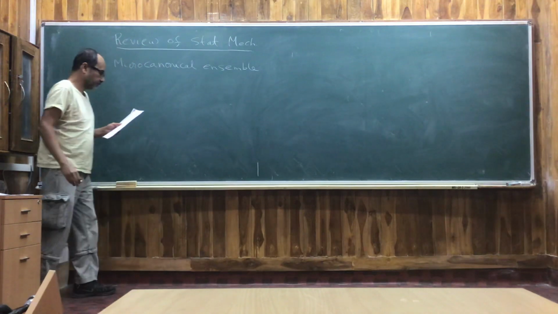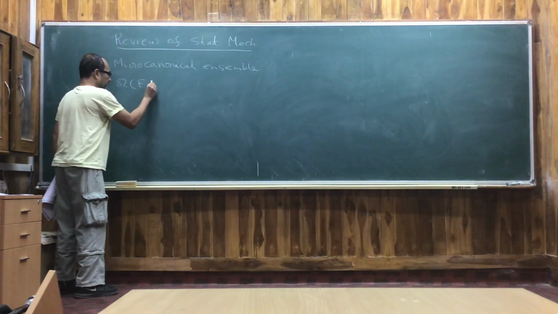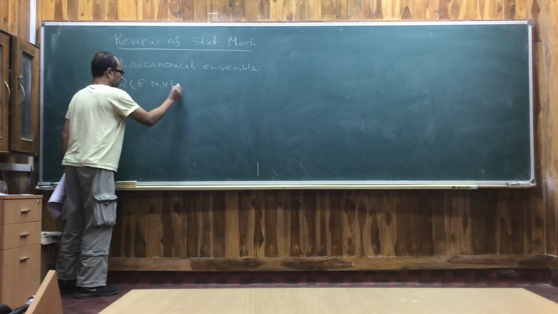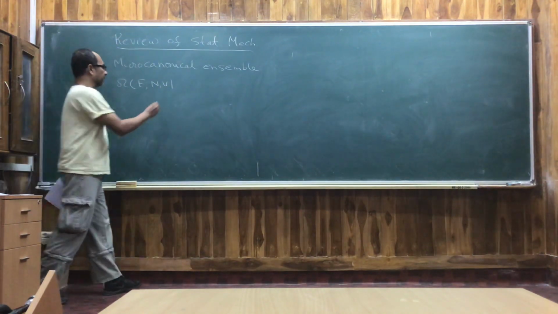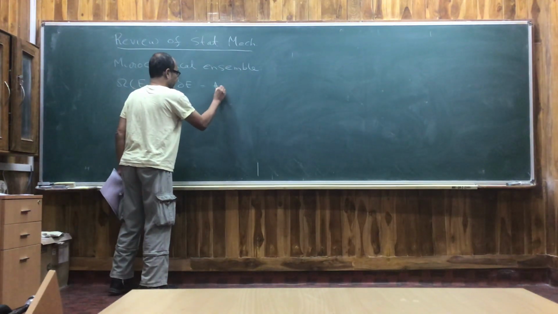So, omega was defined so that this times delta E is the number of quantum states between E and E plus delta E.